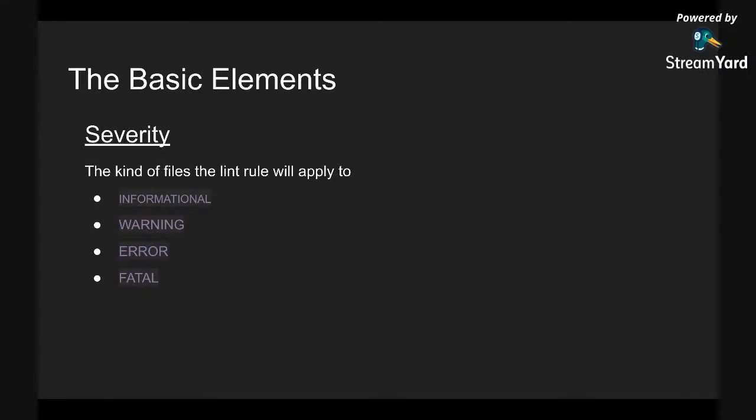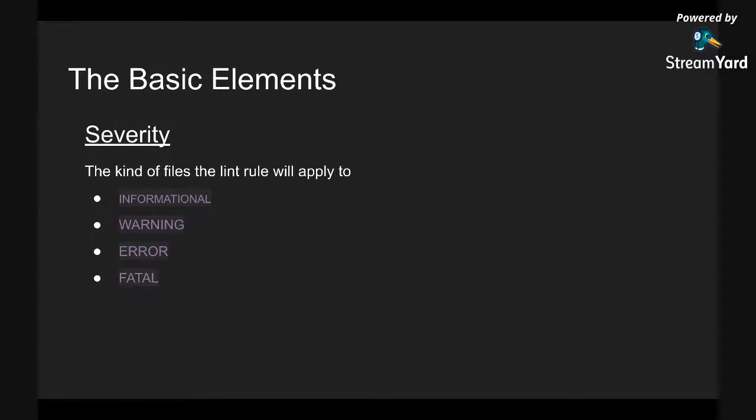The second would be the severity. What is the severity of the error or warning that the lint issue finds? It could be informational, warning, error, and fatal. Informational is when you want to give certain information to the developer and not really cause an error or warning. This could be in case of your opinionated code base, for example.